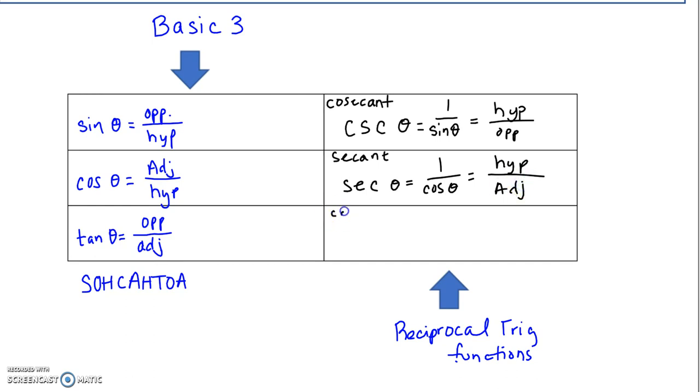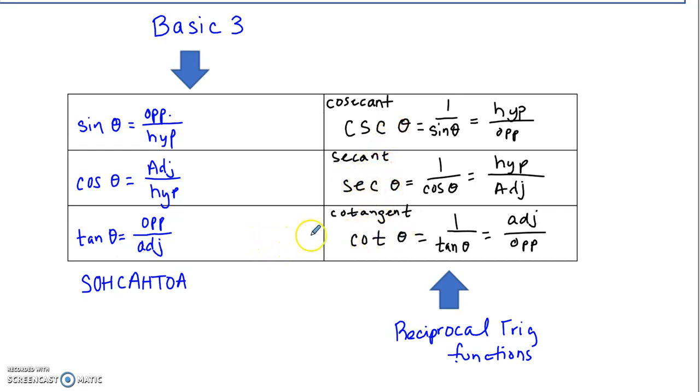And the last thing we have is the cotangent, and that's the reciprocal of tangent, and we abbreviate that as COT. Cotangent theta is 1 over the tangent of theta. And we're just taking the reciprocal of that, so it's adjacent over opposite. So here's our reciprocal trig functions: cosecant theta, secant theta, and cotangent theta.